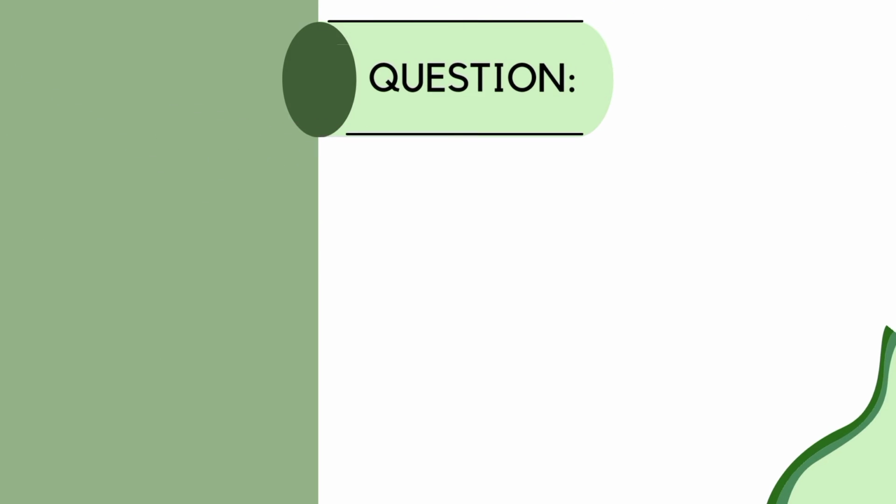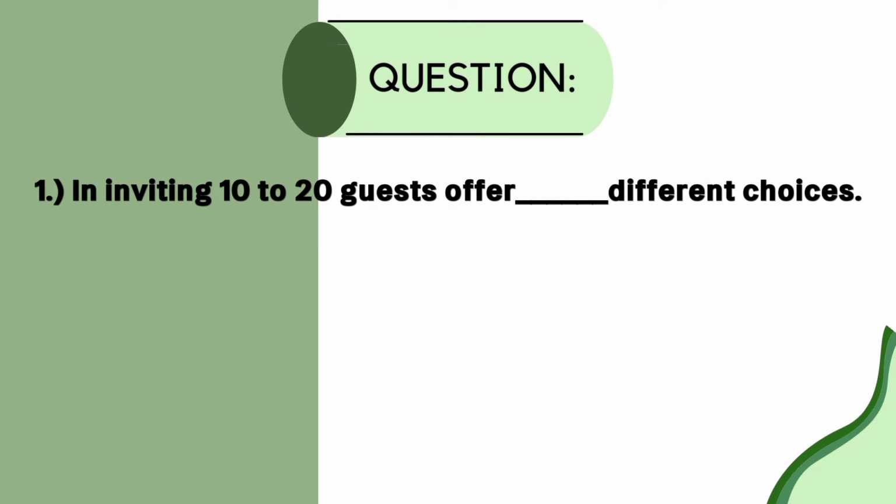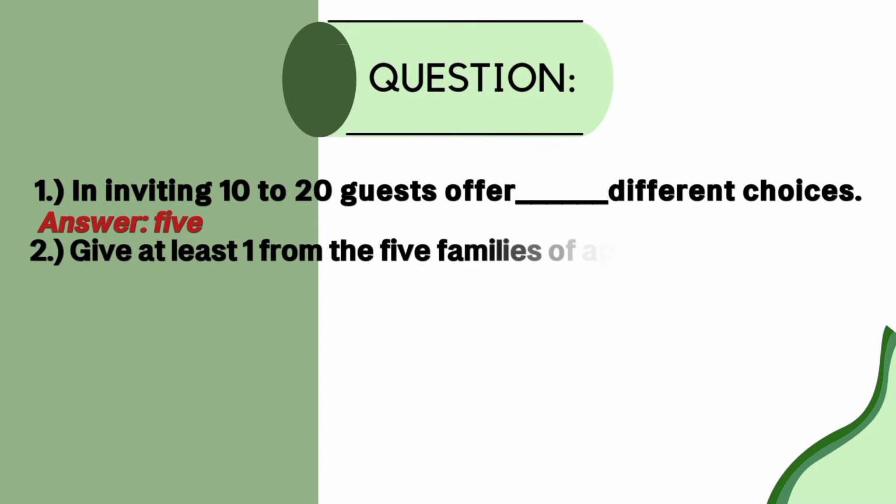Here are a few questions that I prepared for you to answer. Number 1. In inviting 10 to 20 guests, offer blank different choices. Please raise your hand if you want to volunteer. The correct answer is 5. Number 2. Give at least one from the 5 families of appetizer. Again, raise your hand if you want to answer.